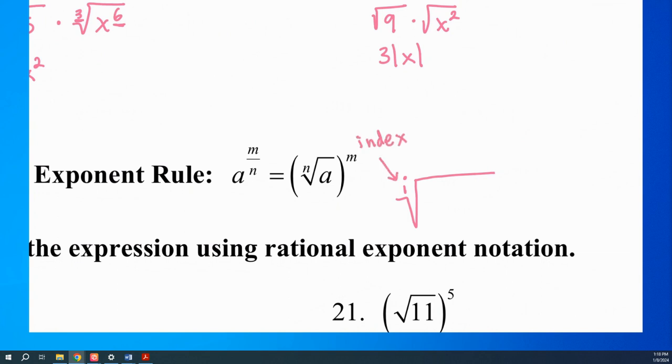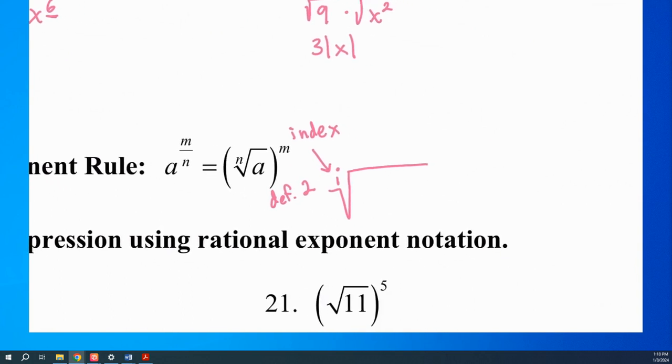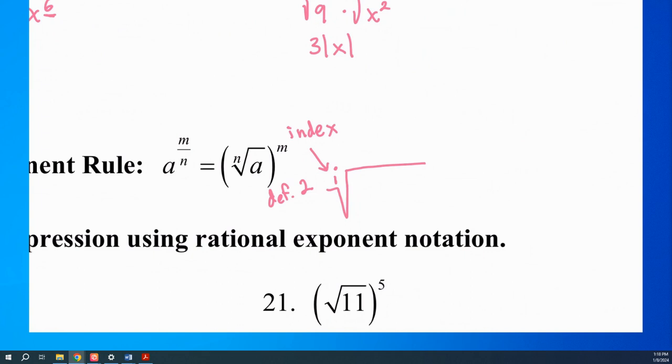So that word I keep saying, that is the index. What is our default index? It's 2, right? A square root. So our default index is 2. So what's this little thing under the radical? What do we call that? A radicand.